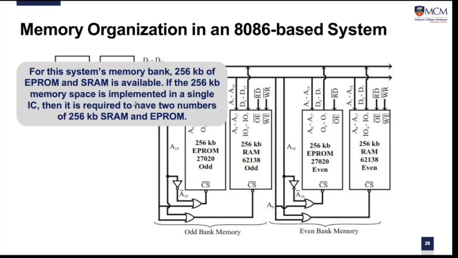For this system's memory bank, 256 KB of EEPROM and SRAM is available. If the 256 kilobyte memory space is implemented in a single IC, then it is required to have two numbers of 256 KB, SRAM and EEPROM.